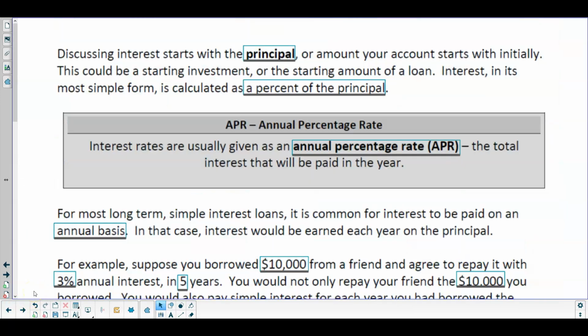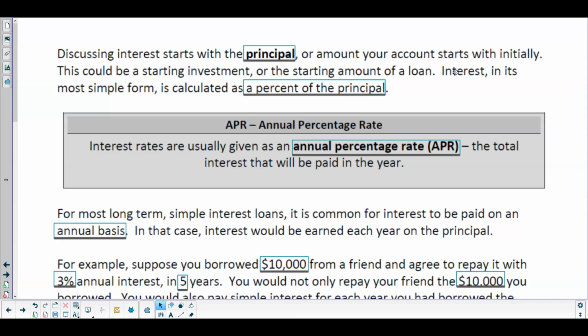Okay, now that you've entered those in on your notes, here's some more vocab. Interest starts with principal, which is what you're starting with, the initial amount. This can be a starting investment or a loan. Interest in its simplest form is calculated as a percent of the principal. When we talk about interest rates, there's something called an annual percentage rate.